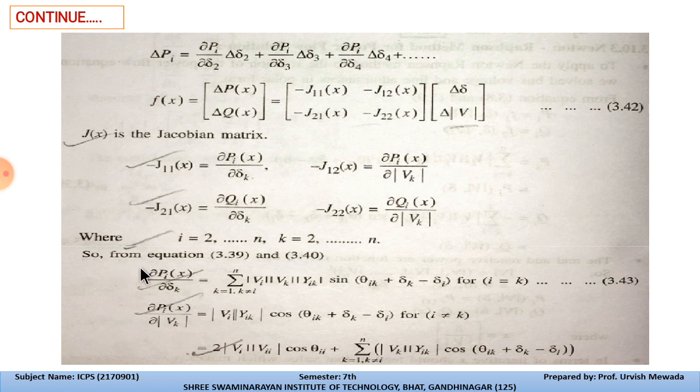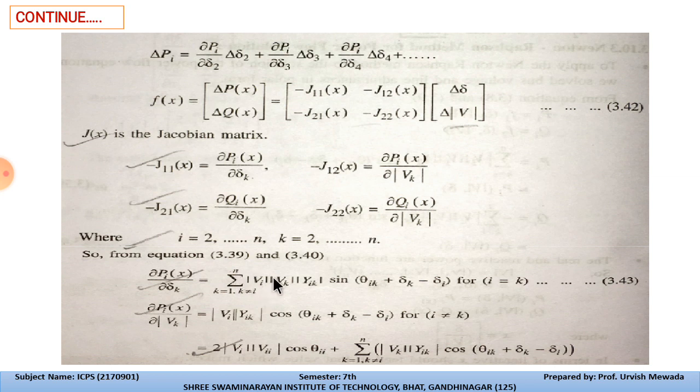So from equations 3.39 and 3.40 that we already wrote, we can write the equation del Pi of x by del delta k is equal to the sum over k equal to 1, k not equal to i, because we are starting the iteration from bus number 2, because we have taken bus number 1 as the slack bus for the solution, raised to n.